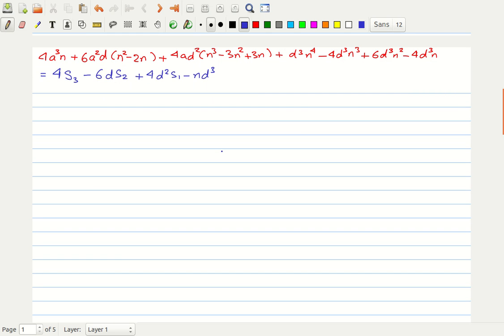And now we will simplify it further. So now I will try to simplify the right hand side. So for simplifying the right hand side, let us first simplify what this is going to be.